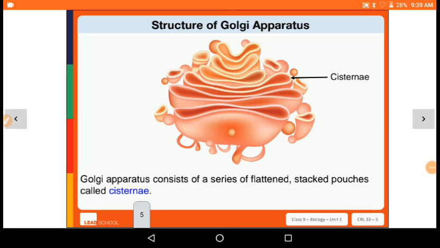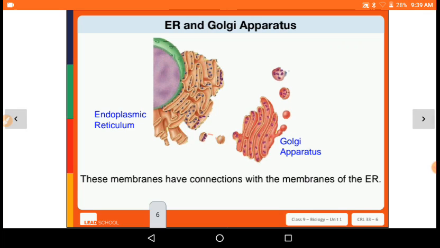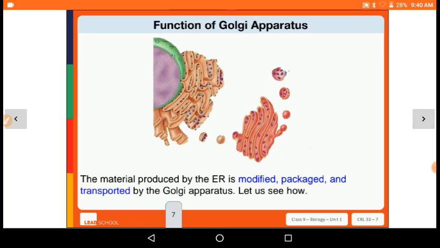Golgi body consists of a series of flattened stacked pouches called cisternae. Endoplasmic reticulum and Golgi body: this membrane has connection with the membranes of the endoplasmic reticulum. The material produced by the endoplasmic reticulum is modified, packaged, and transported by the Golgi body.